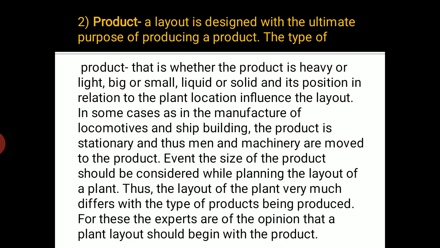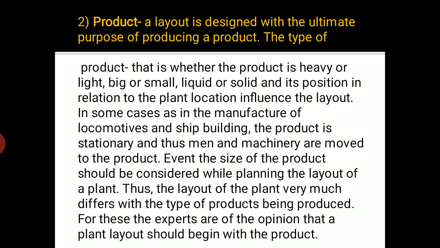So your layout is also decided based on what kind of product you have. If the product is stationary, meaning it does not move, it is static in one place, it does not keep on changing. Then there is a large difference between shipbuilding and pen making, because in pen making you can carry the product from one place to another, right? A semi-finished product can easily be taken from one process to another, whereas a static product you cannot take.